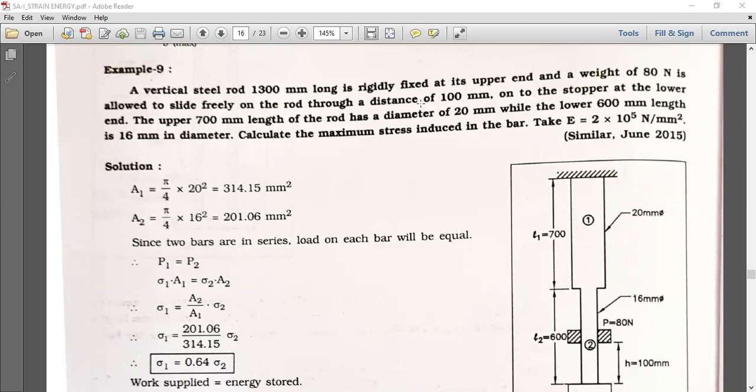The upper 700 length of the rod has a diameter of 20 while the lower 600 length is 16 diameter. Calculate the maximum stress induced in the bar. Take E equal to 2 into 10 raised to 5 Newton per square mm.